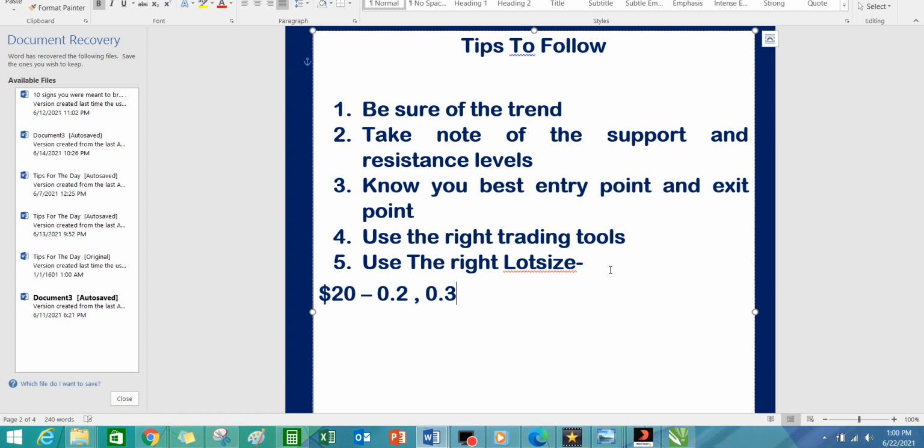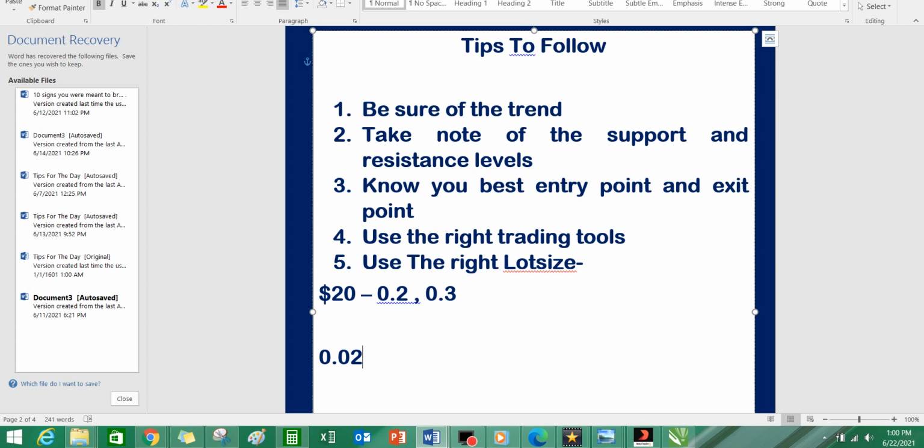If care is not taken, a single spike can take off your $20 if you use 0.2 lot size. So instead of using 0.2 lot size, why can't you use 0.02 lot size to trade it? This will give you more confidence in the market while trading.